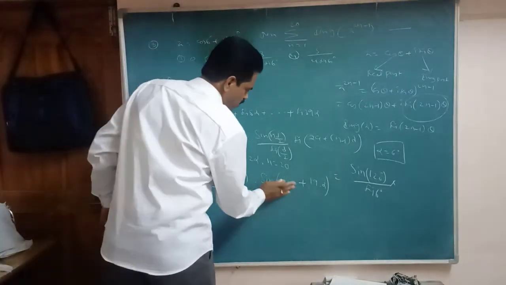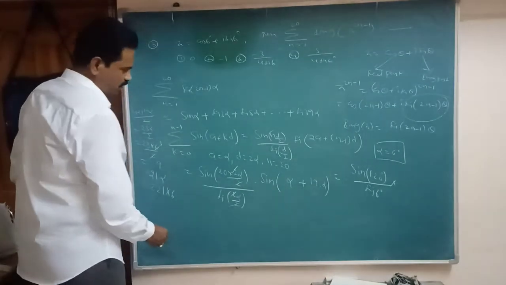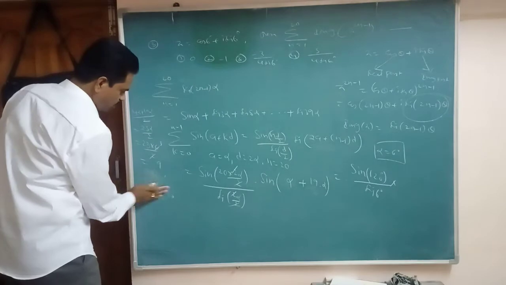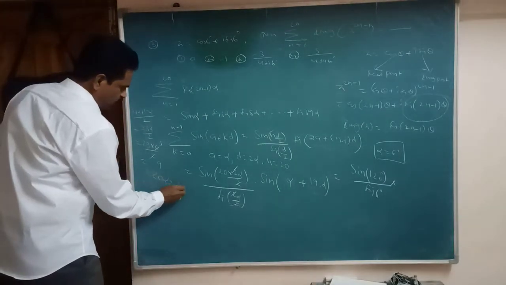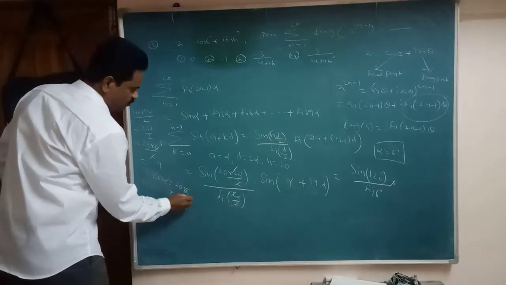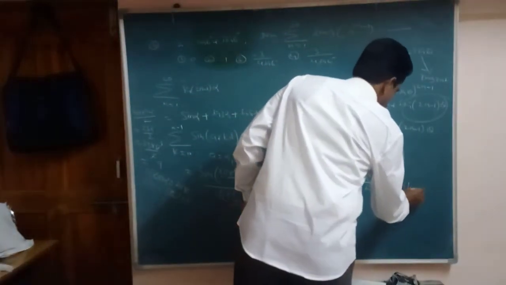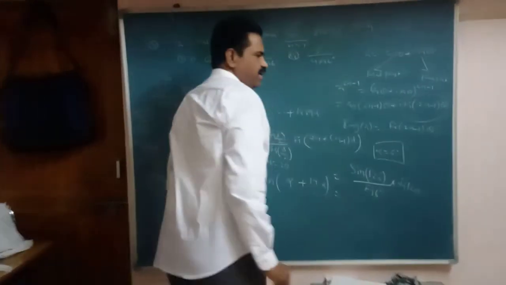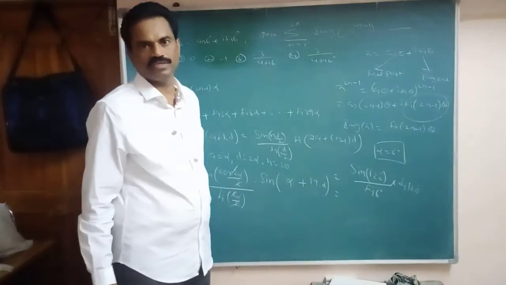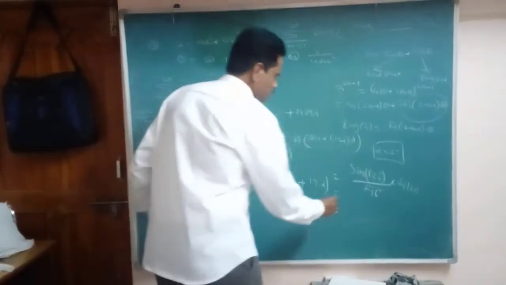Alpha plus (n minus 1) into d. So alpha plus, that is 20 alpha, equal to 20 into 6. It is how much here? 120. So it is sin 120, it is sin(180 minus 60), sin 60, it is root 3 by 2.